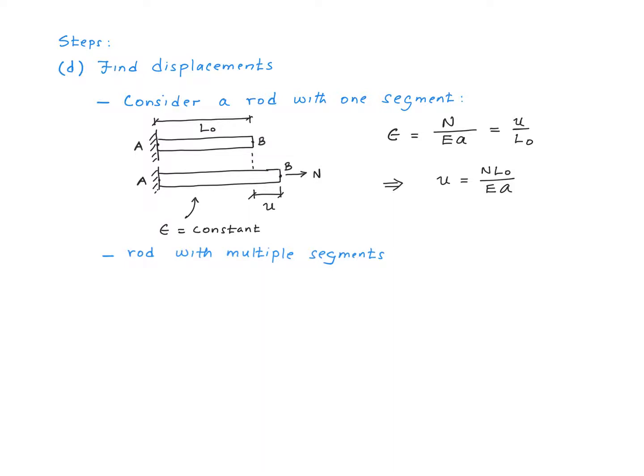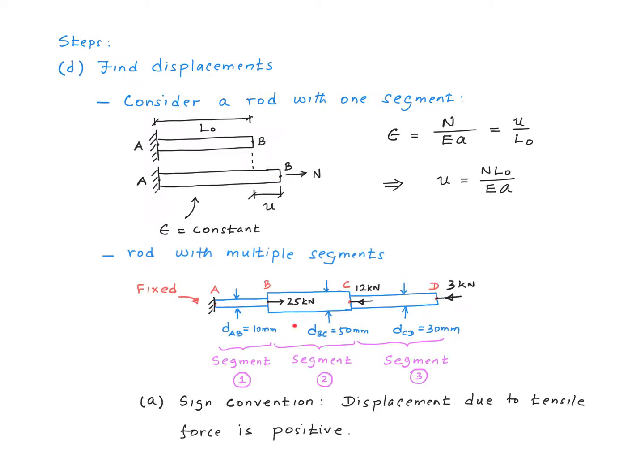To sum it up, this little u is the displacement of point B with respect to point A, or relative to point A. So if point A is going to move, we're going to have to add it algebraically in order to find the absolute displacement of point B. So coming back to this example problem, we can easily calculate the displacement of point B simply by considering segment 1. Point A is fixed, right?